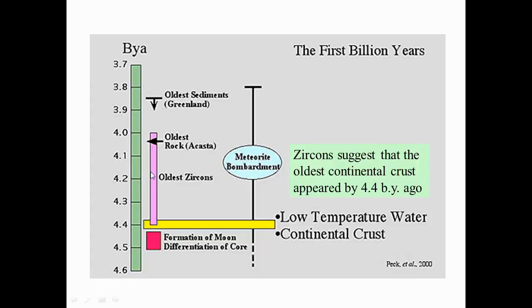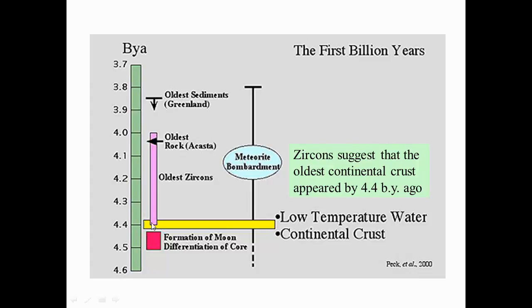This vertical bar, color-coded lavender, gives the range of ages of these oldest zircons that have not only been found in Australia, but also in places like Canada and Greenland, where many of these ancient Precambrian rocks are found.